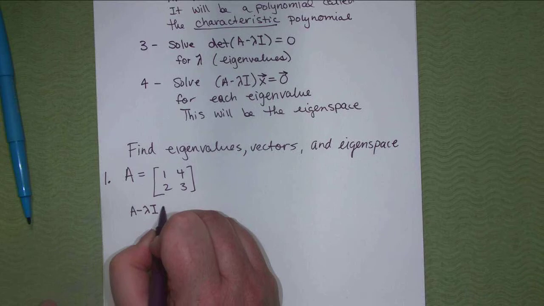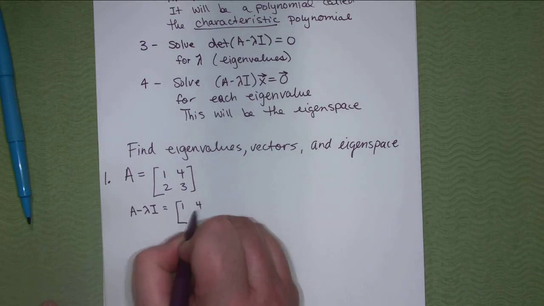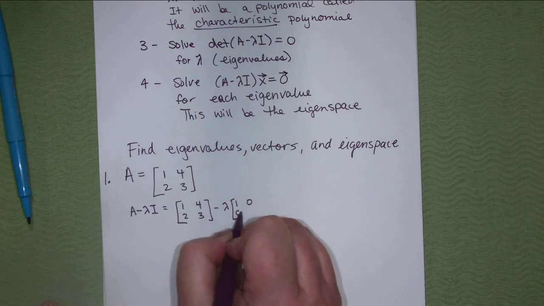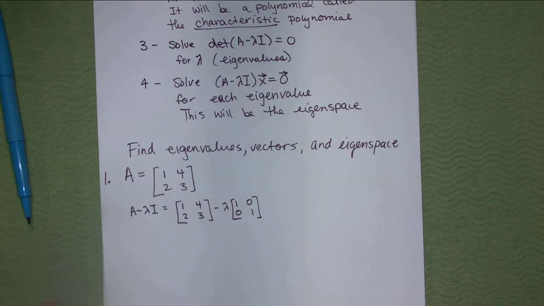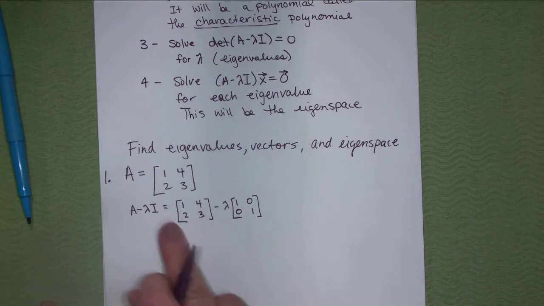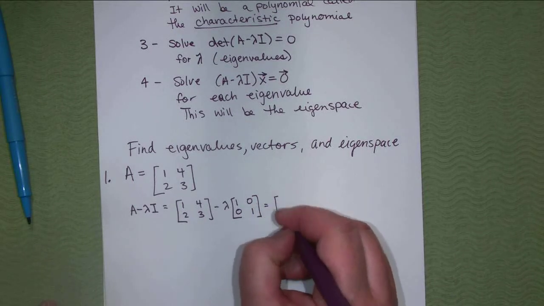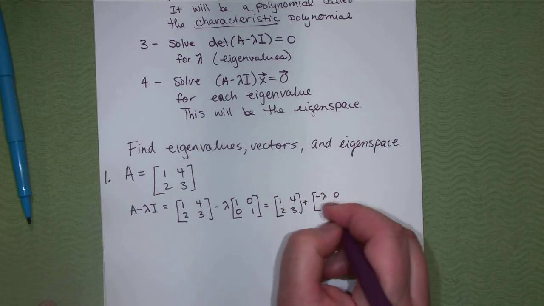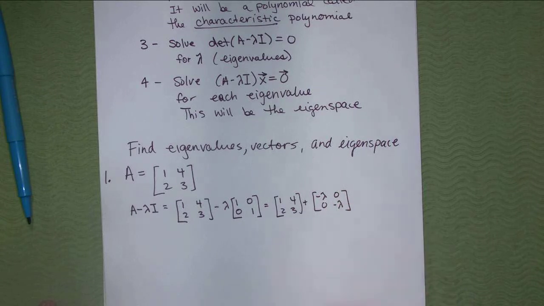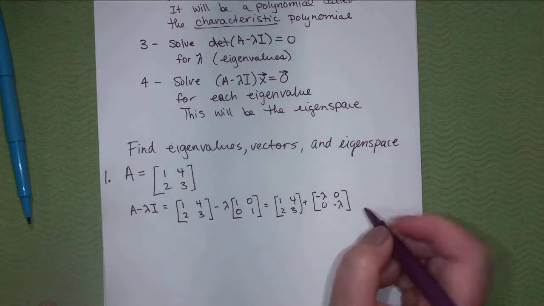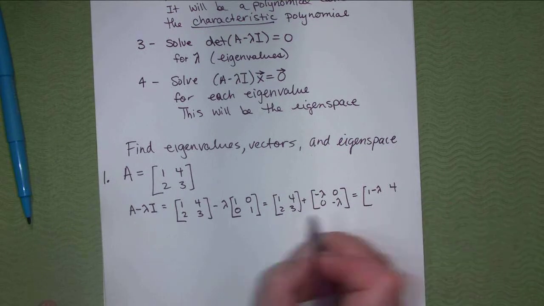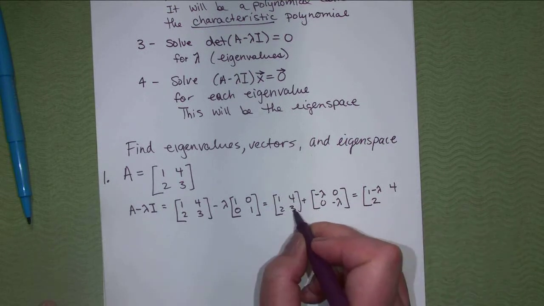Find the matrix A minus lambda I. Okay, so this shouldn't look too hard. I is the identity. It's the same size. Stick a lambda in front of it. If we were to calculate this, put that minus lambda, multiply it in, and then we add them. So 1 minus lambda, 4 and 0, 2 and 0, and 3 minus lambda.